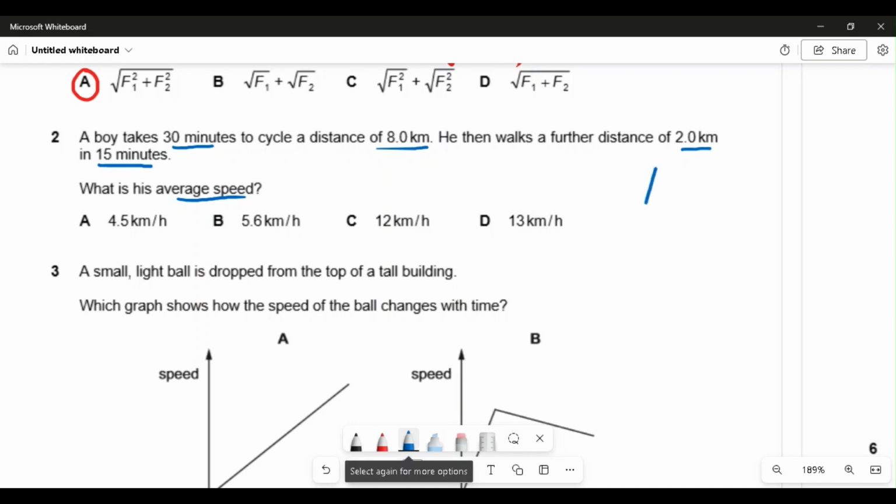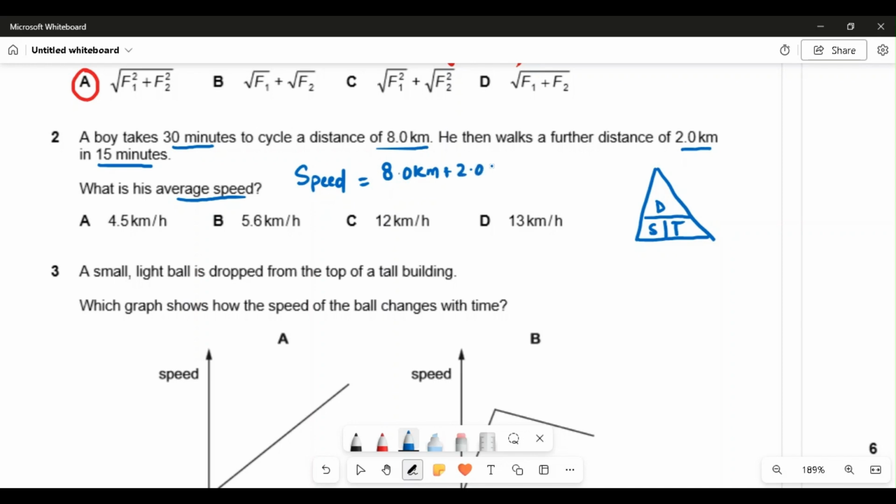We remember that speed is always equal to distance over time taken. So here we can simply say speed is equal to total distance traveled, that is 8 kilometers plus 2 kilometers, over the total time, 30 minutes and 15 minutes.